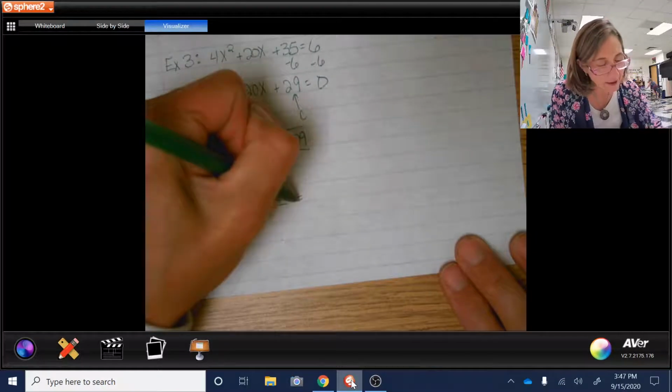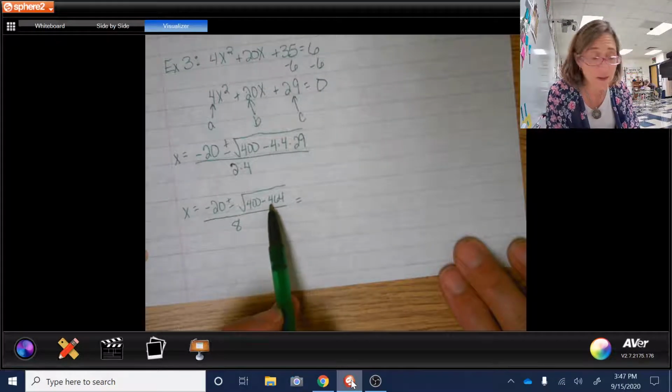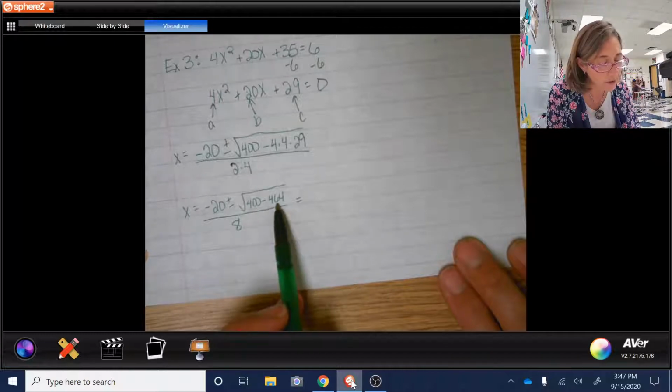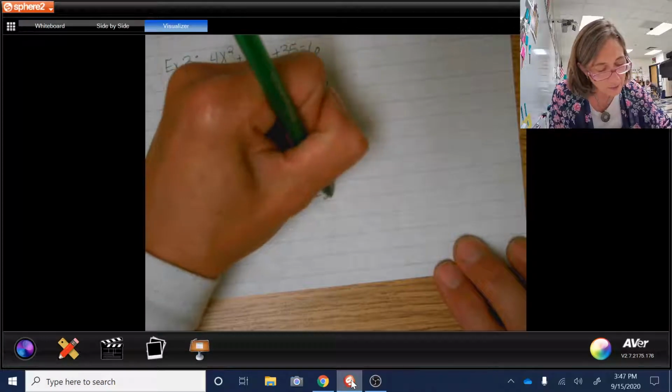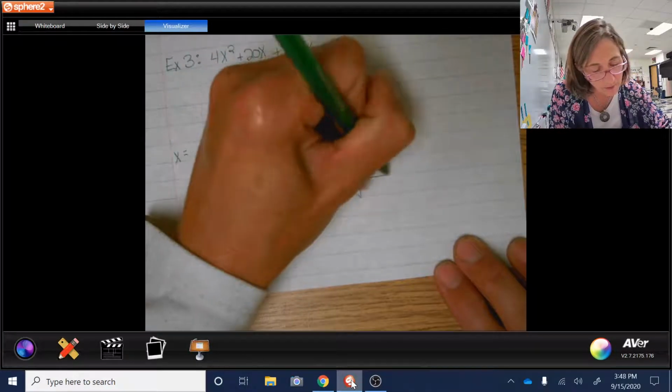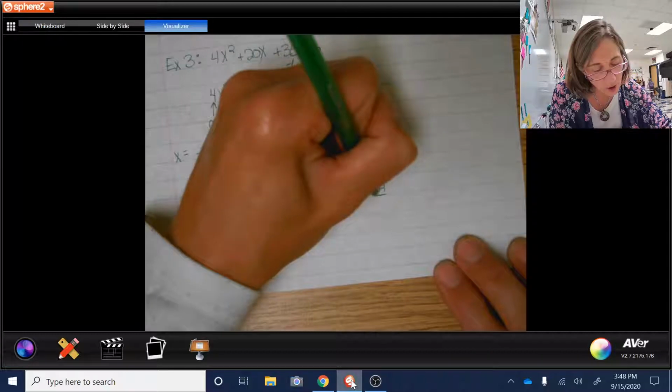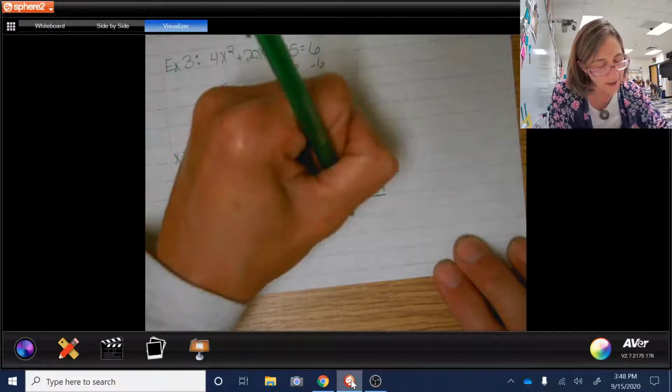So let me keep simplifying here. I have a little subtraction problem to do inside my radical. So 400 minus 464, that would be negative 64. So I have negative 20 plus or minus the square root of negative 64 all over 8.